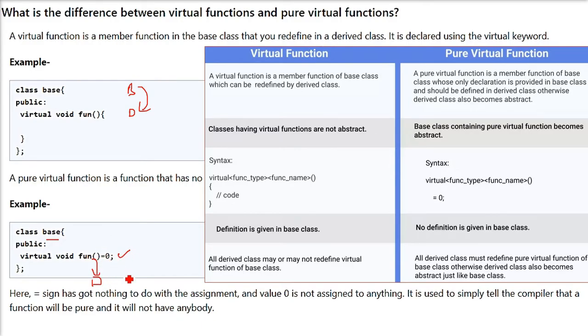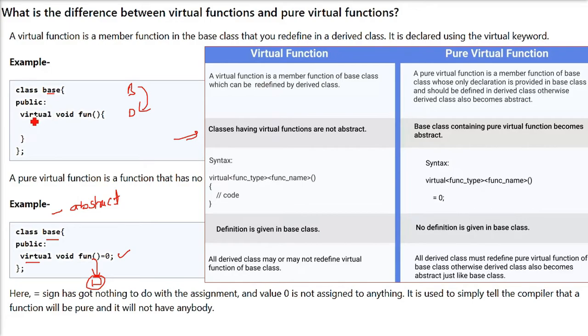Please remember. The classes having virtual functions are not abstract, because this is just a function. You have just made it virtual because you are inheriting it and you want to call the derived class function. But a base class containing a pure virtual function will automatically become abstract. If you have a pure virtual function, then it will always be an abstract class.